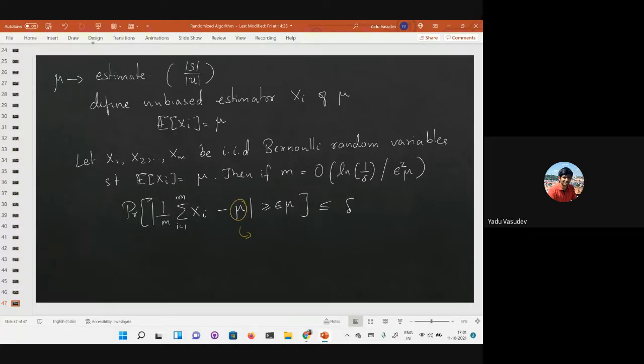This could be the fraction of elements in the set S out of all the elements in U. If you have a good estimate of this, it will tell you what is the size of S. So the Monte Carlo method is basically that you define this random variable which is an unbiased estimate of the actual value, and then you take a sufficient number of samples, and then you estimate it this way.